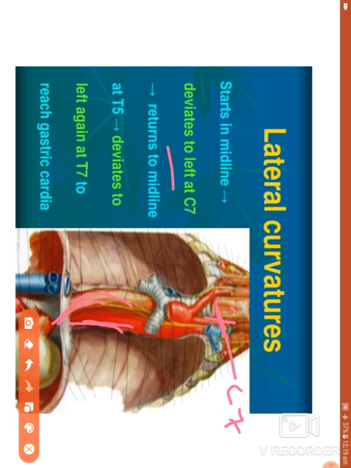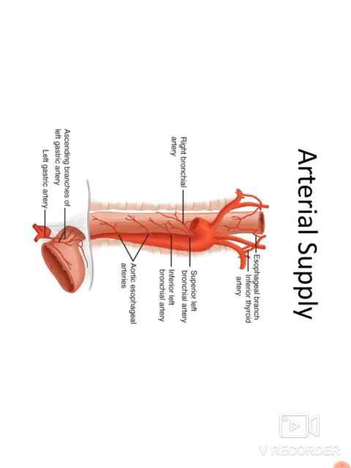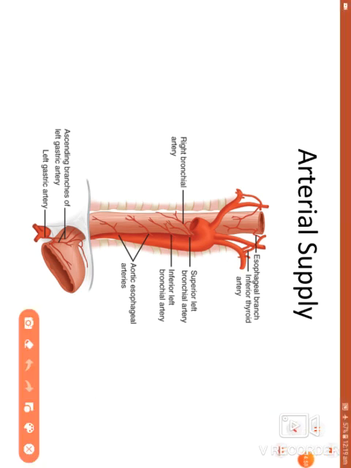Next, about the arterial supply of the esophagus. This is the arch of aorta and the descending thoracic aorta. From the arch: the brachiocephalic, the left common carotid, and the left subclavian. The brachiocephalic divides into the right common carotid and right subclavian. There is an inferior thyroid artery.